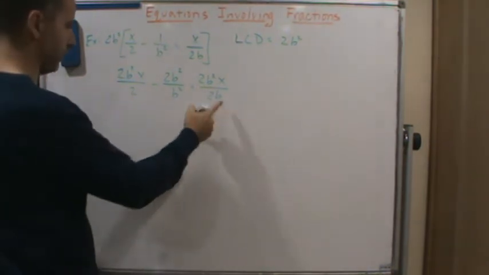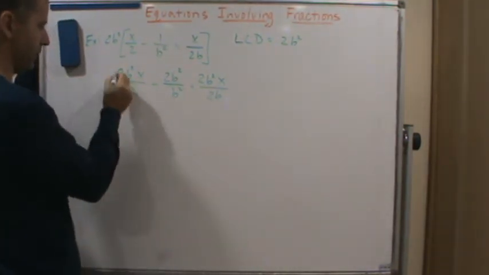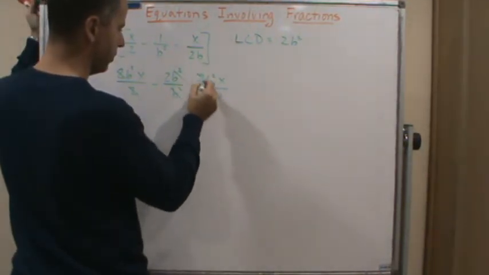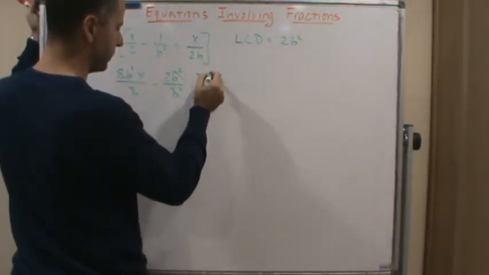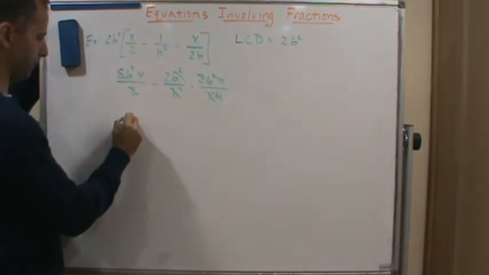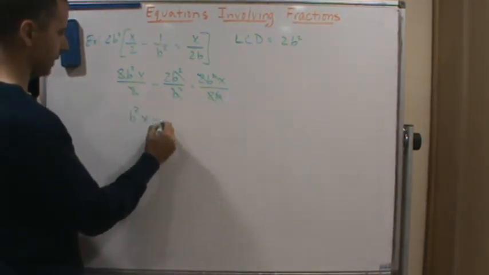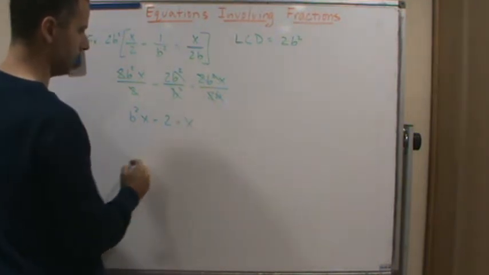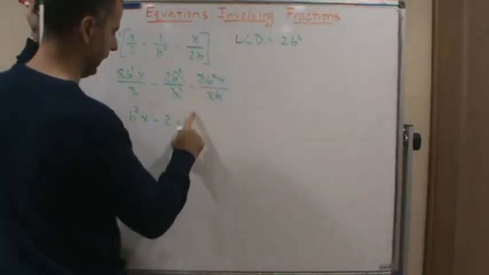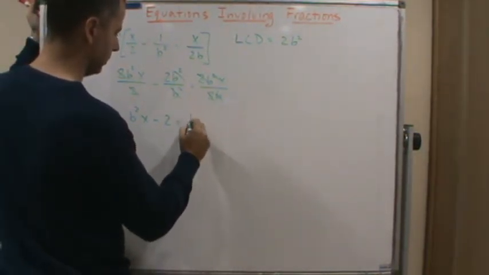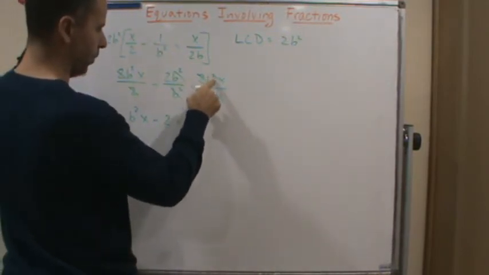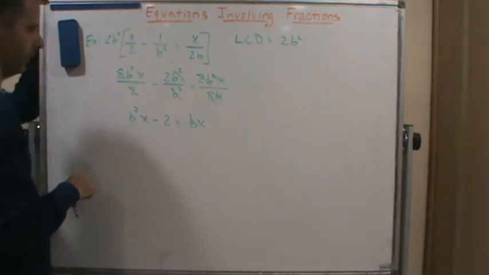Now, just watch how the denominators all cancel. 2's cancel here, the b's cancel here, the 2 and the b cancel here, and we end up with b squared x minus 2 equals x. Or no, bx. Right? Because this b only cancels with one of the b's, so I still have a b here.